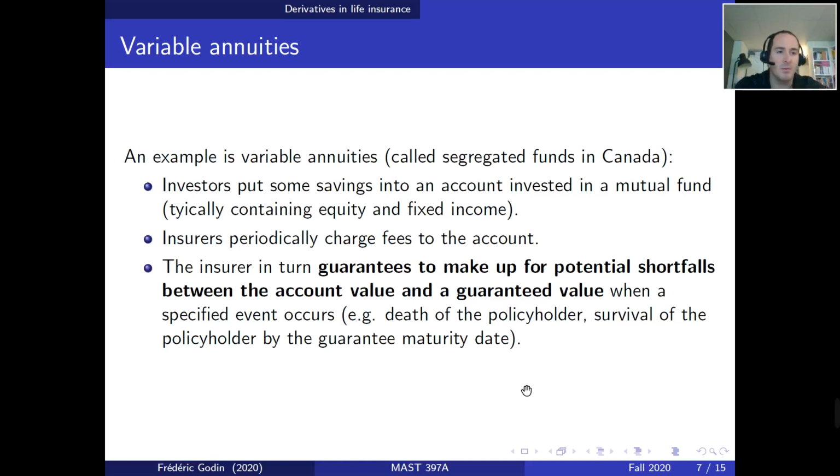So this is where risk lies. If, for example, stock prices crash suddenly, then the mutual fund might go much below the threshold, and the insurer would have a lot of money to pay. So here we see why there's risk, because the account value depends on values of bonds, of stocks, and thus the payoff of the guarantee of the variable annuity will depend ultimately on the price of stocks or interest rates.